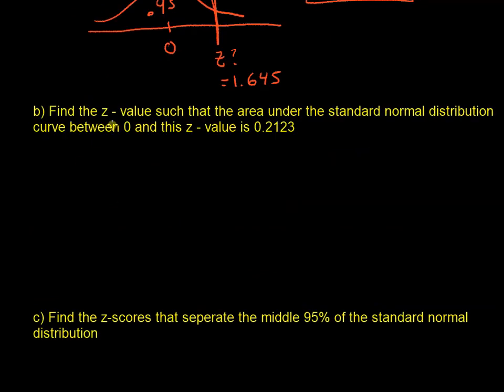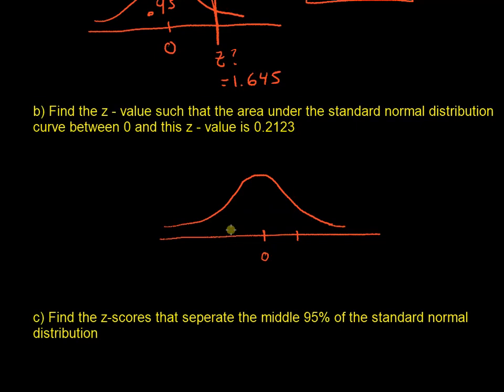All right, let's do another example. Find the z-value such that the area under the standard normal curve between 0 and this z-value is 0.2123. For this problem, we're going to have to make an assumption. This z-value could be either positive or negative, so we're going to assume it's positive.